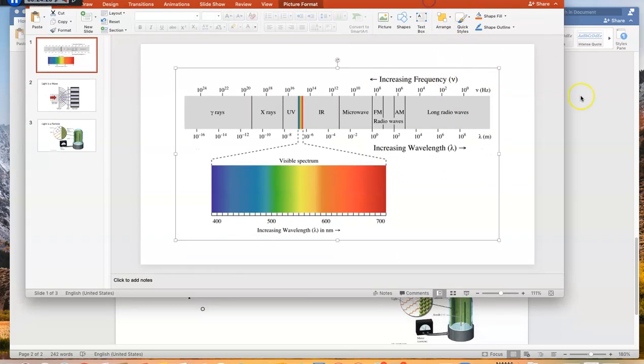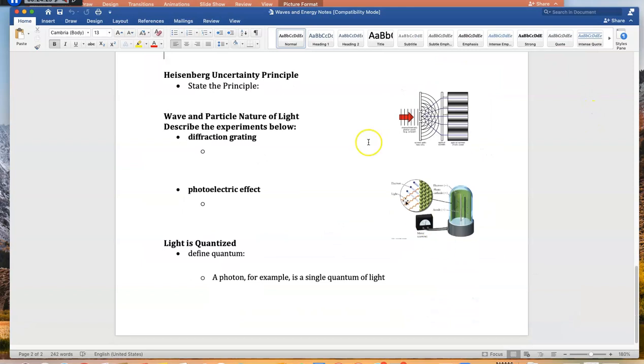Next one on your notes is Heisenberg's uncertainty principle. What is that? Anybody look that one up? I told someone to Google it. Yes, go for it, Juan. Probably uncertainty of measuring particles. Yes, and in simpler terms, when you look at an electron, you can't know where it is and how fast it is moving at the same time.